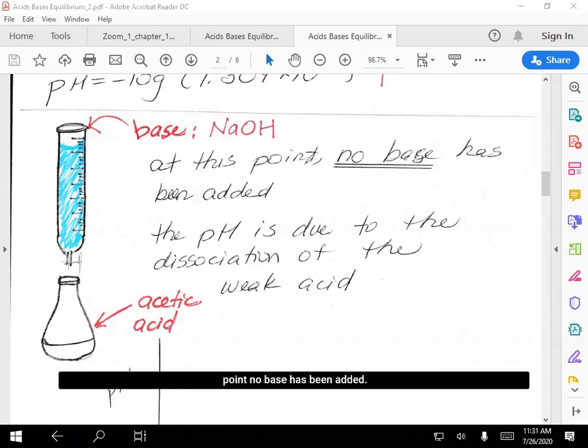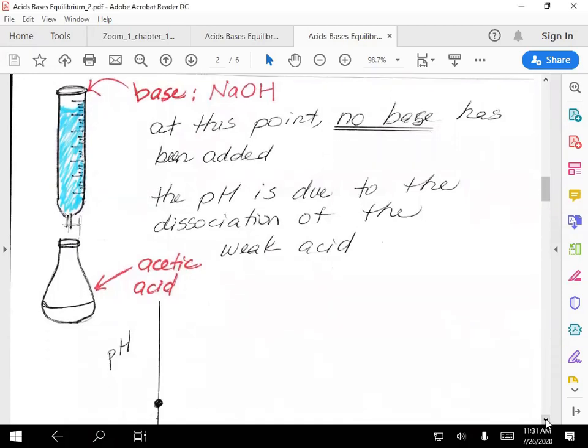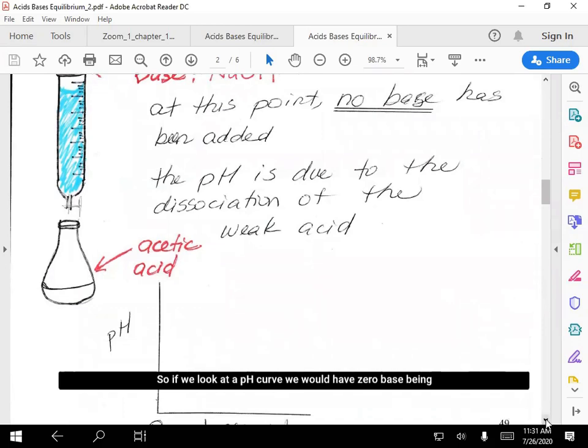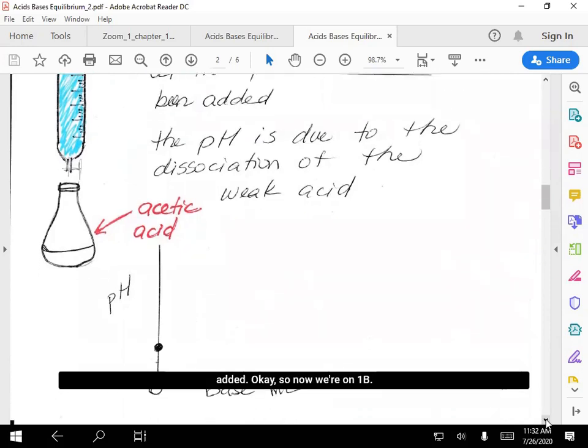And at this point, no base has been added. So the pH is due to the dissociation of the weak acid. So if we look at a pH curve, we would have 0 base being added.